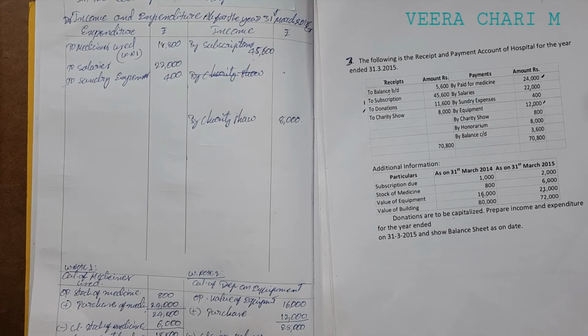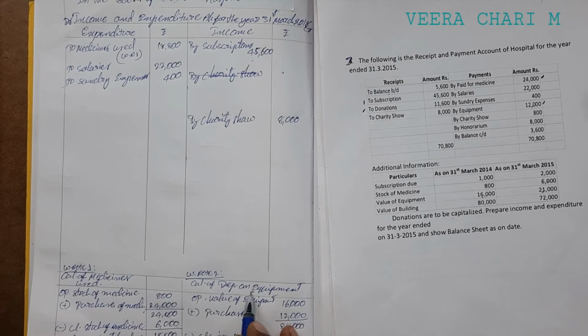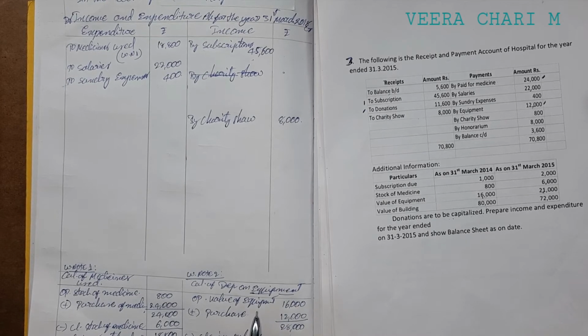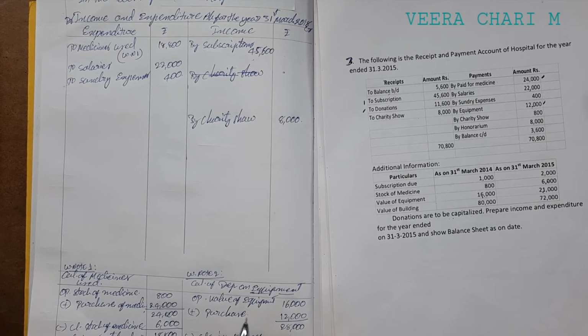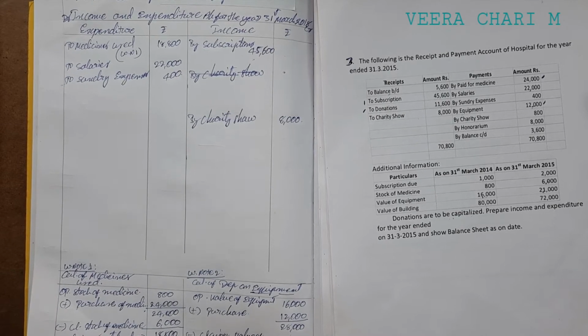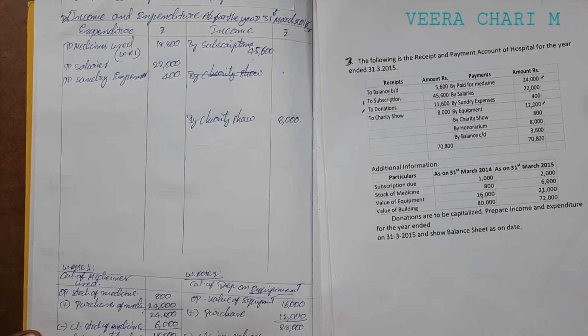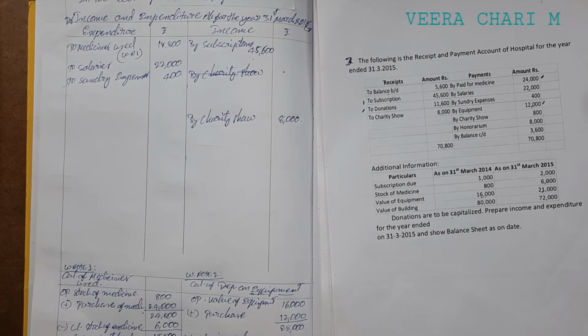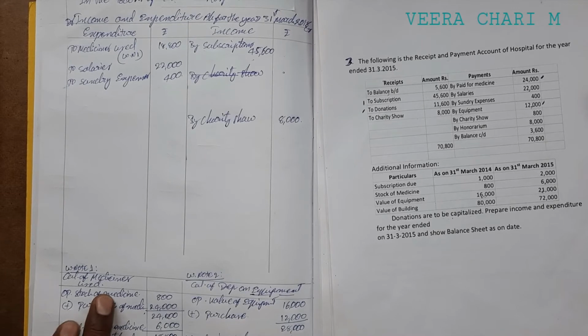Why do I call it depreciation? Equipment is an asset. It is a hospital, and every hospital has some equipment, such as stands, beds, and whatever is related to surgeries. Equipment is an asset, and that is the reason I call it depreciation.